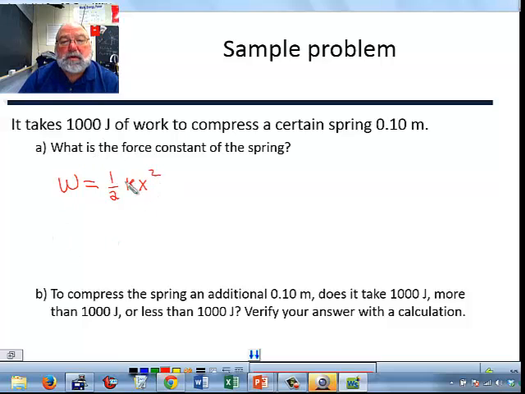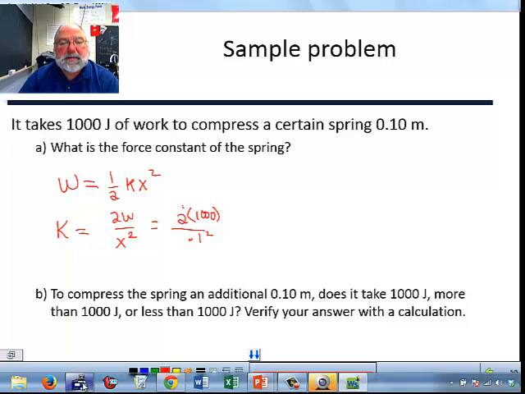And we're looking for k. So k is equal to 2 times the work over x squared. So let's go ahead and substitute our values. So we have 2 times 1,000 over, I'm sorry, that's not equal to yet, 0.1 squared.